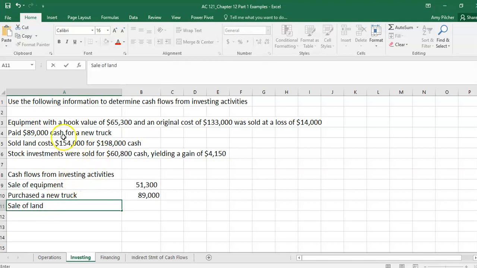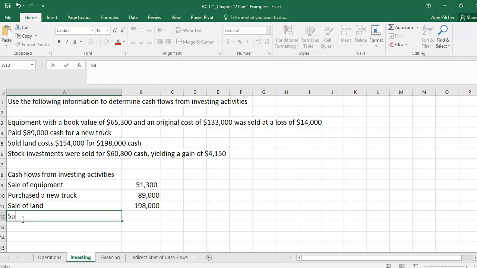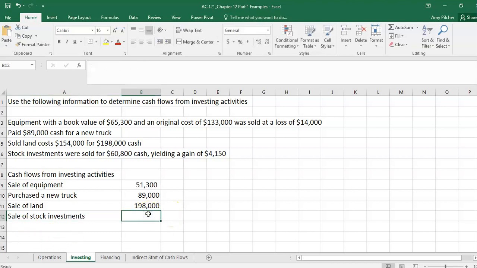So we would use both of these numbers if we were preparing a journal entry, but in the statement of cash flows, we just want the amount of cash from that transaction. And then we sold stock. Remember, this isn't stock in our own company. This is stock we had invested in as a company. So we sold those for $60,800.